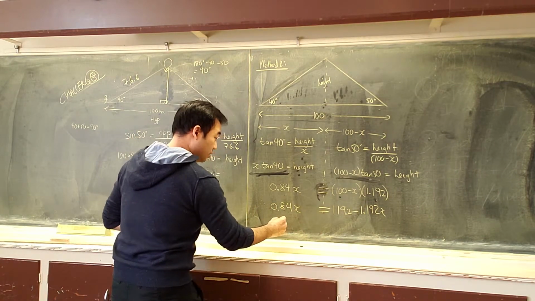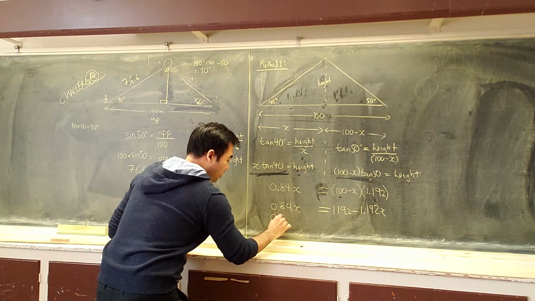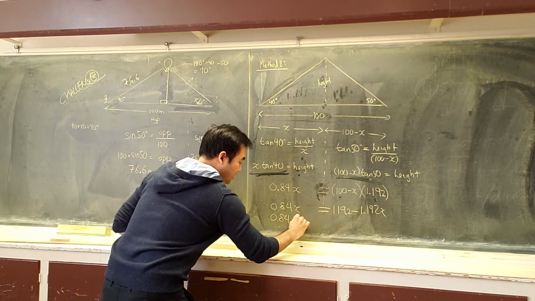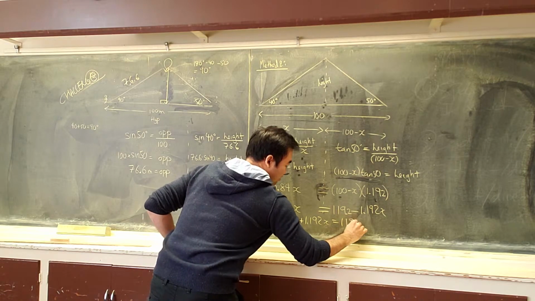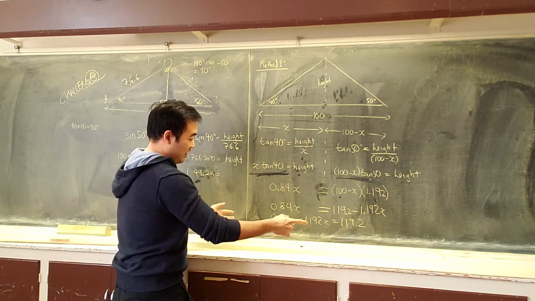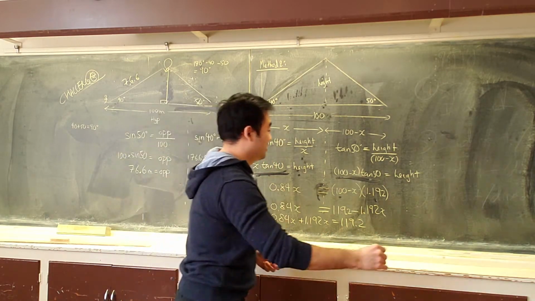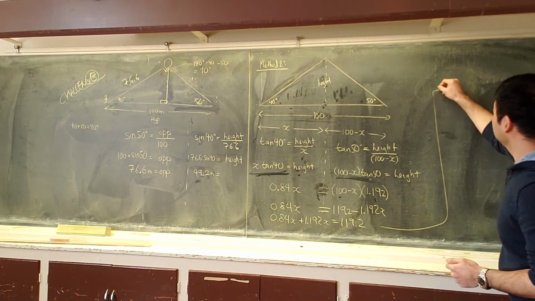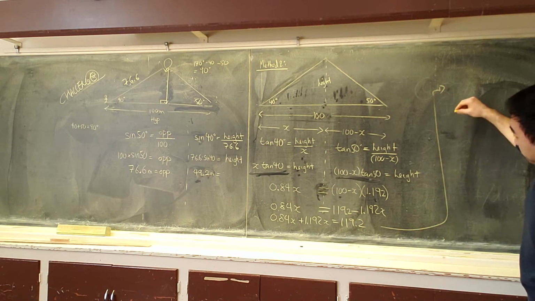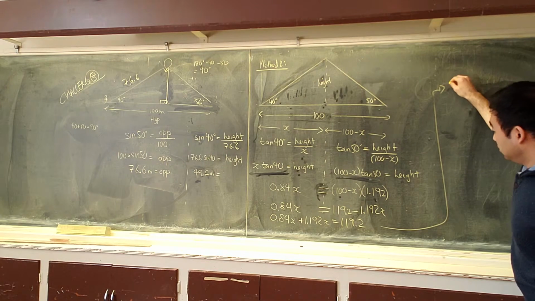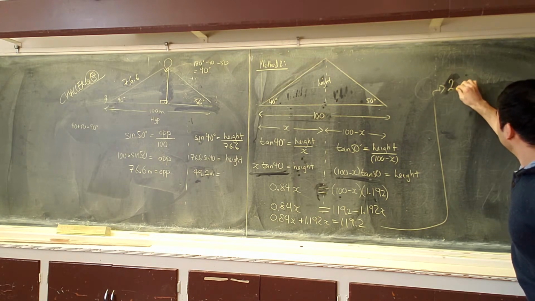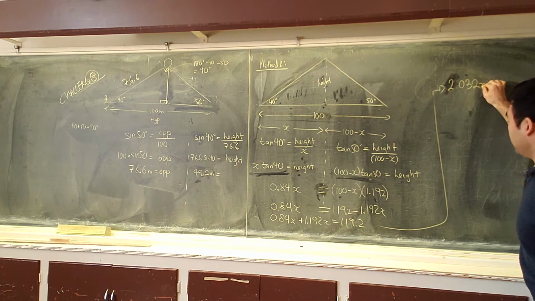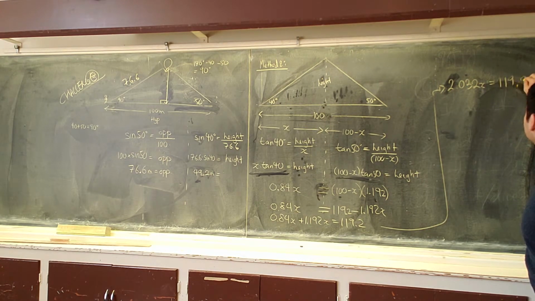0.84x plus 1.192x equals 119.2. Let's bring it over to this side. So it becomes 2.032x equals 119.2.